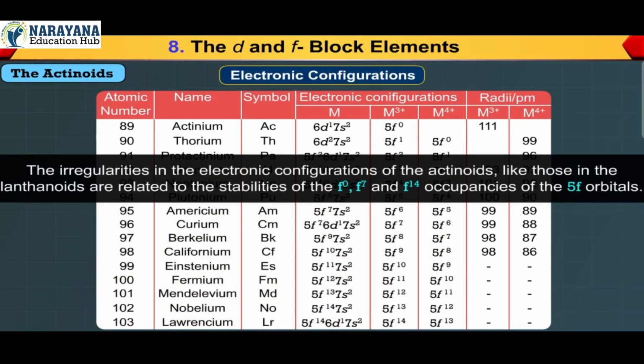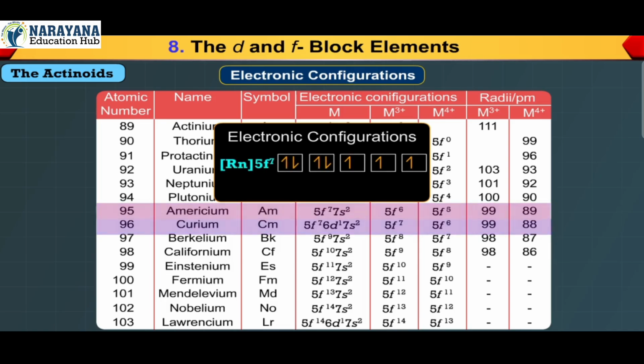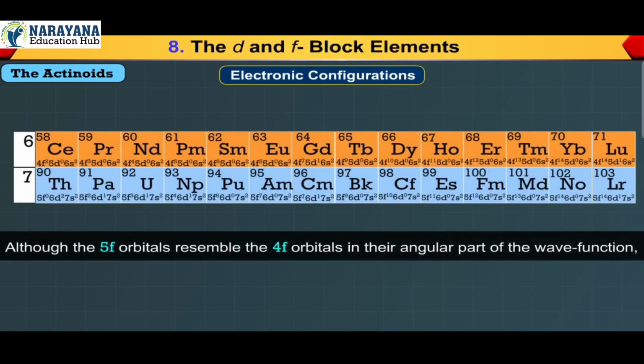The irregularities in the electronic configurations of the actinoids, like those in the lanthanoids, are related to the stabilities of the f0, f7 and f14 occupancies of the 5f orbitals. Thus, the configurations of Am and Cm are Rn 5f7 7s2 and Rn 5f7 6d1 7s2.